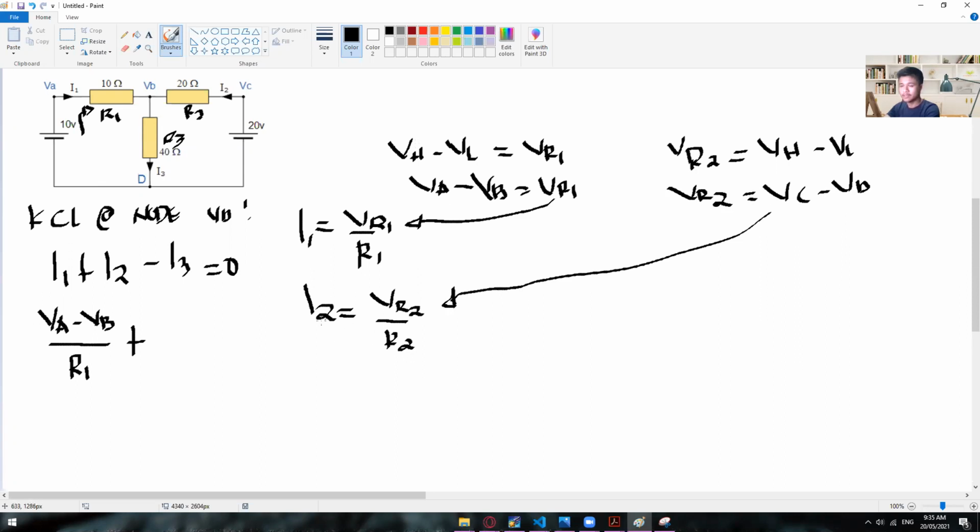You can now use this as our final expression in this solution: VC minus VB divided by R2.